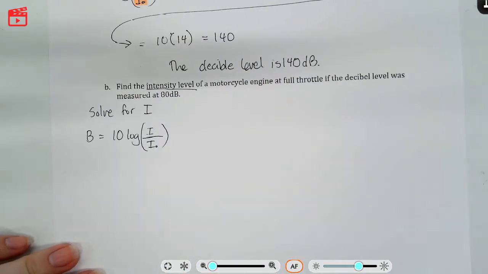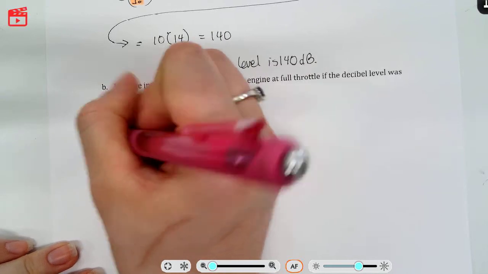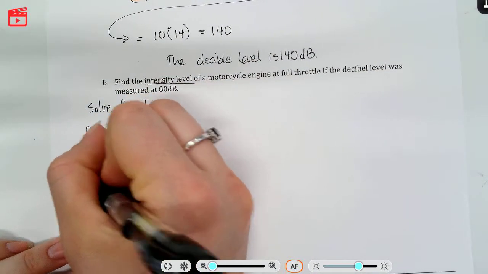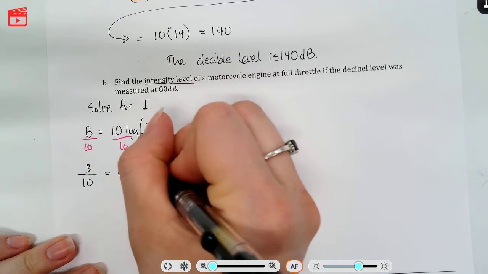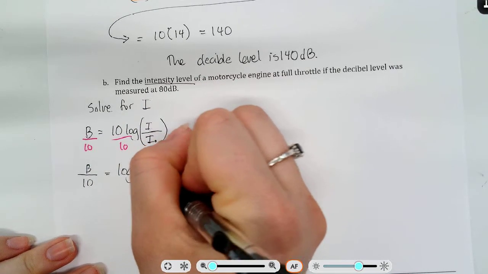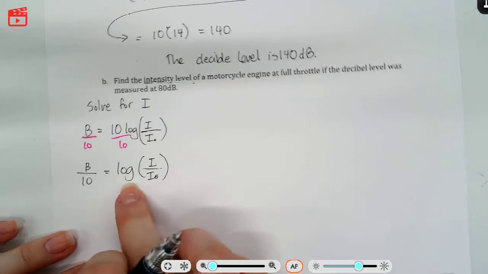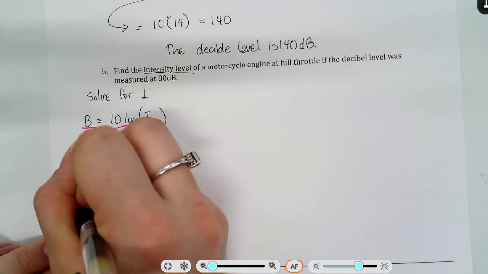Okay, divide both sides by 10. Trying to get that log by itself first, or at least with a positive 1 coefficient up front. And then once I do that, I'm going to split this using that subtraction rule for logs.